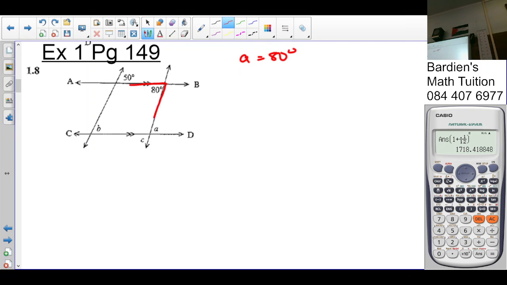You see that Z being formed there. So it's alternate angles with AB being parallel to CD. Now C can be calculated. C is? Why? Vertically opposite. Can you see there? 80.